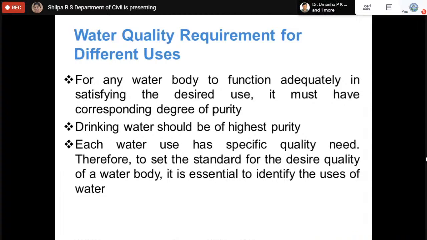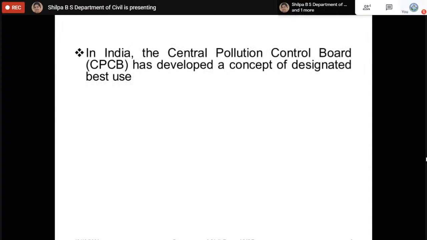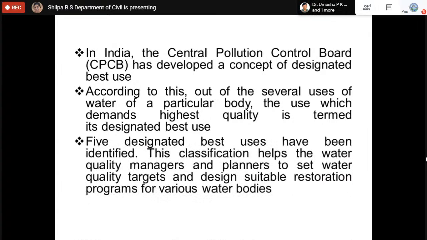So based on what purpose we are using the water, the CPCB has developed the concept of designated best use. According to the CPCB, out of the several uses of water for various purposes, the use which demands the highest quality is termed as the designated best use.